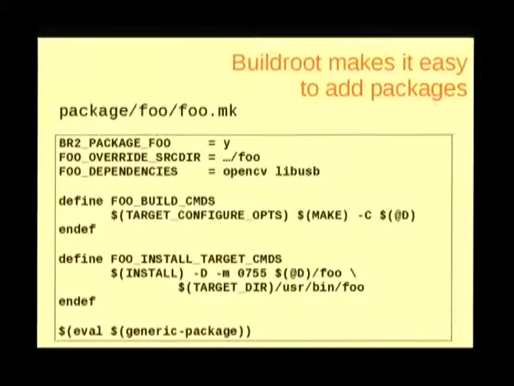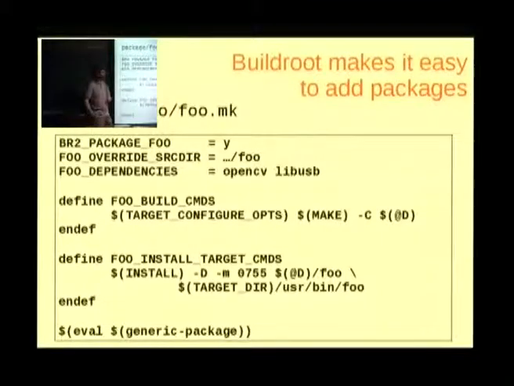All the kconfig symbols used by buildroot start with BR2, but you can actually define them just as well in a makefile, and it will then be used by make. So if you want to select this package without having to bother with selecting it in kconfig, if you want to force select it, you can just add this line to your .mk file.